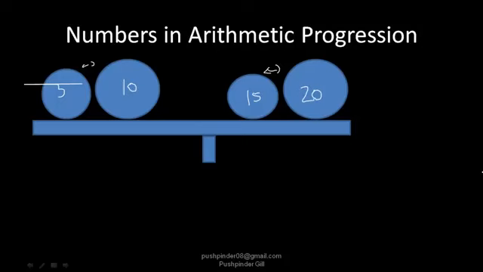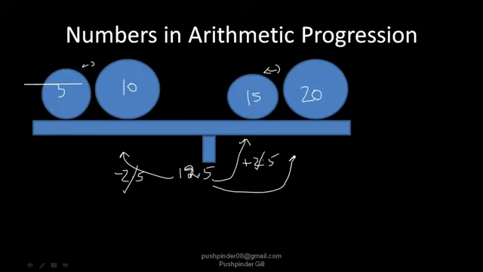Great. So let me see its average. I know that the average of these numbers is 12.5. Okay, great. Now how far is 12.5 from 15? Positive 2.5. And how far is 12.5 from 10? Negative 2.5. Are they cancelling out each other? Yes. Okay, how far is 12.5 from 20?